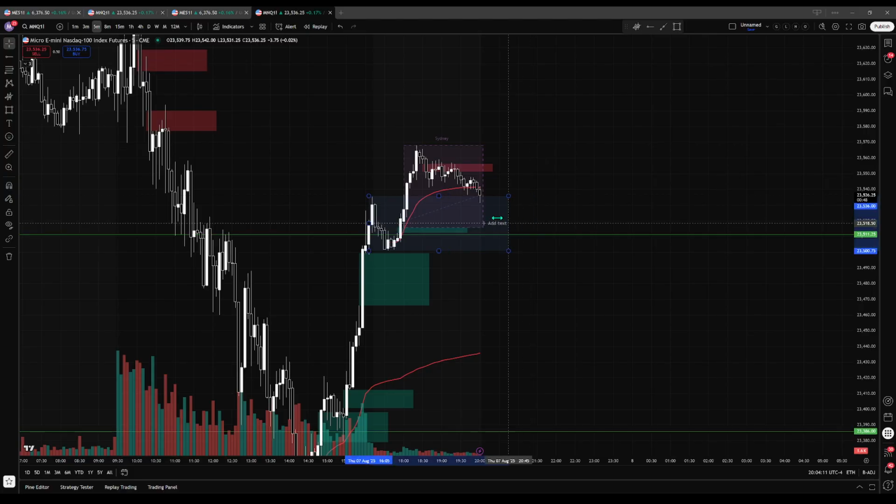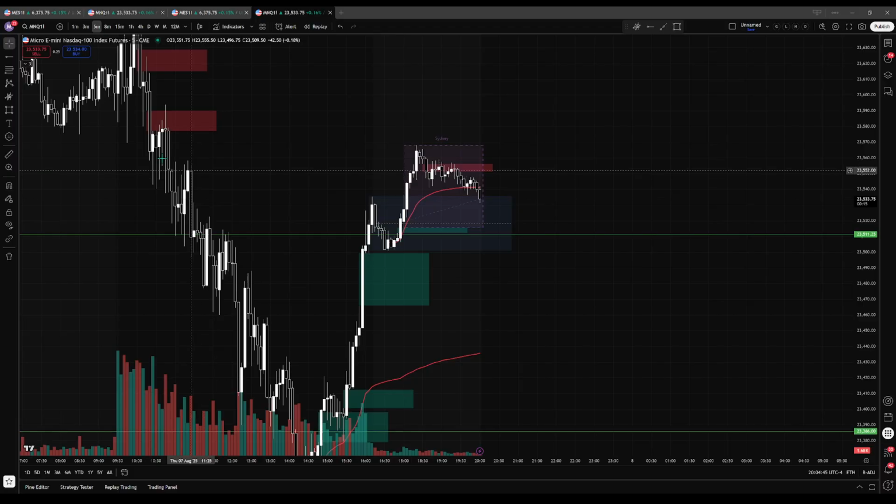And you'll notice that we have this range here that was created today. This was between 1600 and pretty much 1800 or 1700. So the hour after traditional markets closed, we created this little range, and we could expect price to return to 50%, maybe 70% of this range.